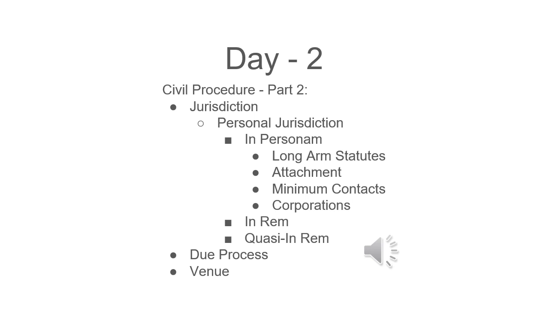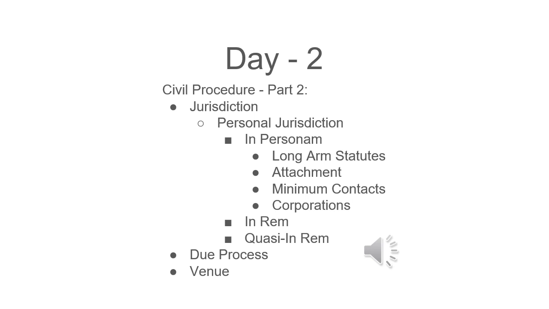Venue is proper where a substantial part of events occurred and/or property is located, or where any defendant resides if all defendants reside in the same state or district. Business entities, venue is proper where they are subject to personal jurisdiction.